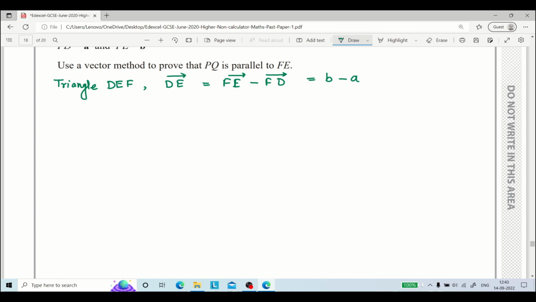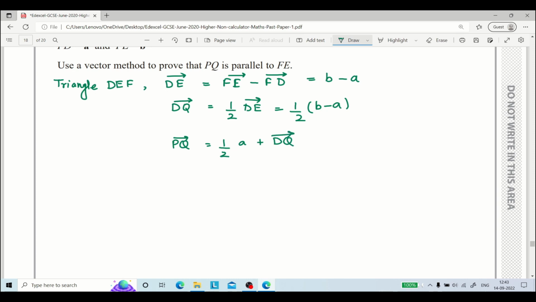Now, PQ is half of DE based on what? Based on the midpoint part. Q is the midpoint of DE. So this will give you half of B minus A. Yes. Now PQ, PQ is again half. Yes, PQ is half A plus DQ bar.